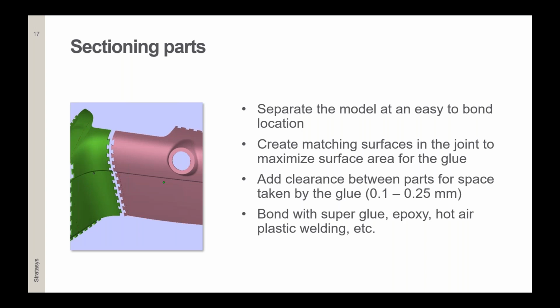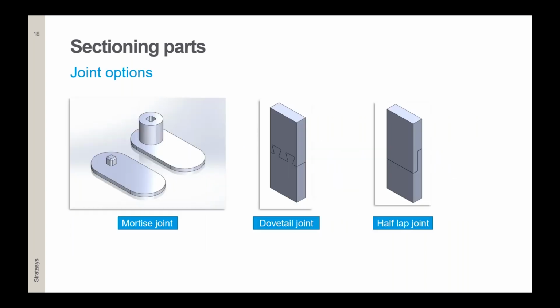And there are actually different methods we can use to bond parts together, depending on material type and the bond strength we need. We will speak about additional methods later on in this session. Most popular are super glue or epoxy, if we do not change our model too drastically. So here you can see the three most popular joint types are mortise, dovetail, and half-lap joints.